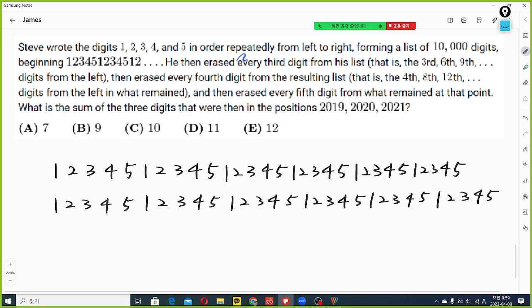So we can erase every third digit. And because it ends with the 30th number, actually the bottom 30 numbers will have the same pattern.